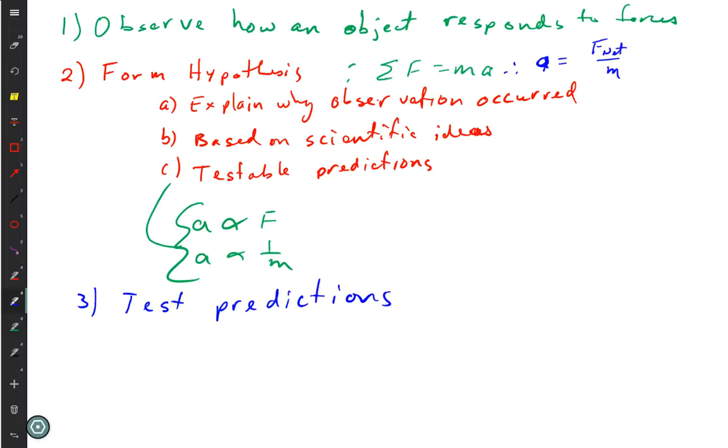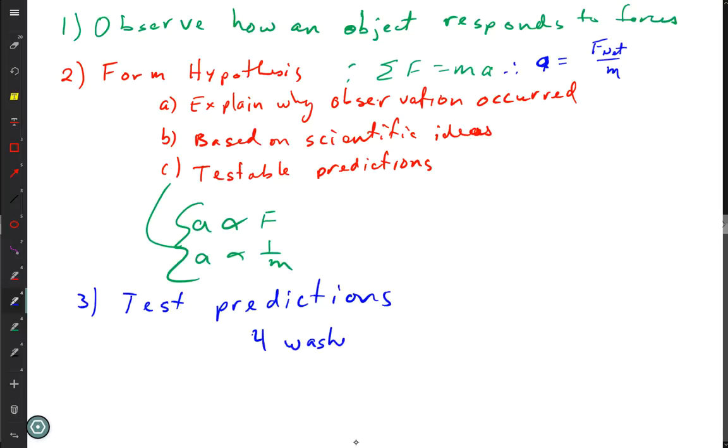So you tested, and how many people actually measured the acceleration? You weren't required to. Well, in preparation, when I was going over it with the TA, we did the whole experiment, and we measured them, and we found that with 4 washers, acceleration was equal to 0.26 meters per second squared.